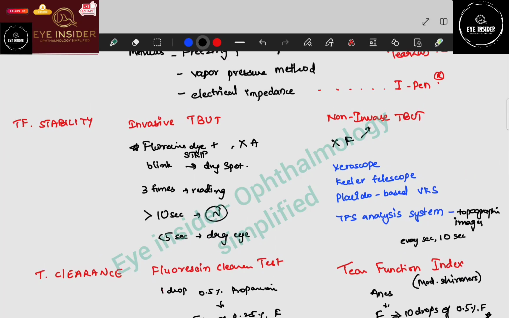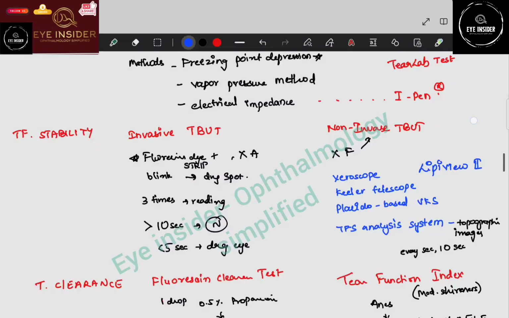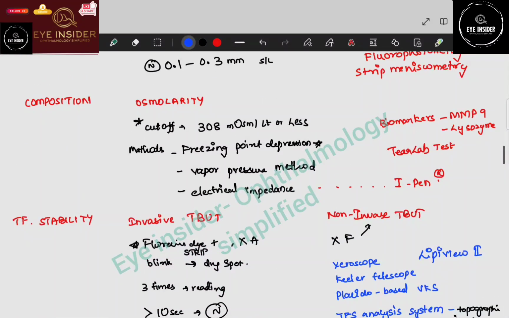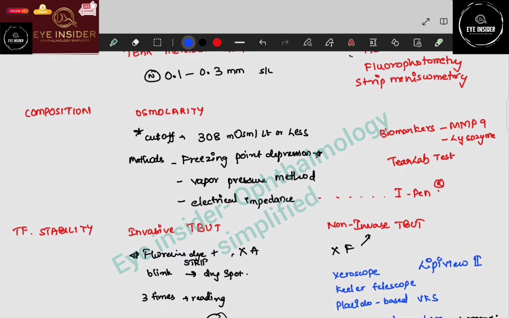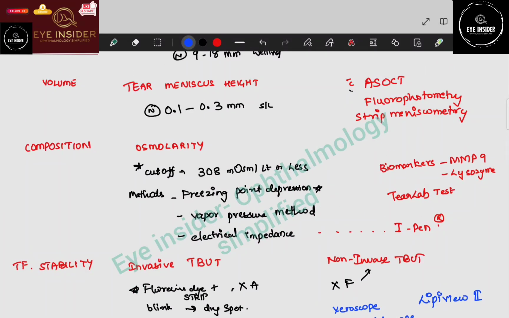So this was regarding the various tests we have for tear clearance and tear film stability. This LipiView 2 has non-invasive TBUT with meibography, right? So that's why it is called LipiView. And we have the composition, osmolarity, biomarkers, the volume, right?